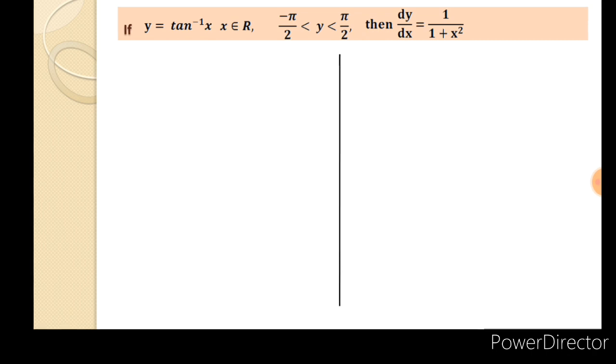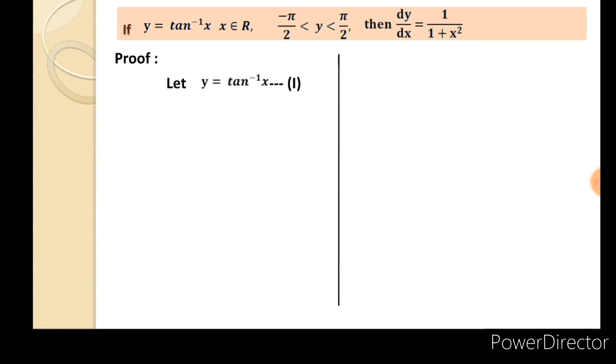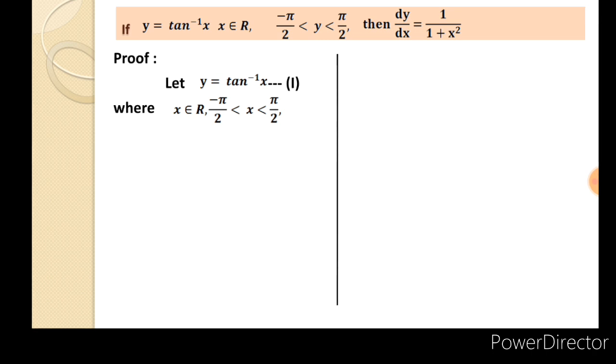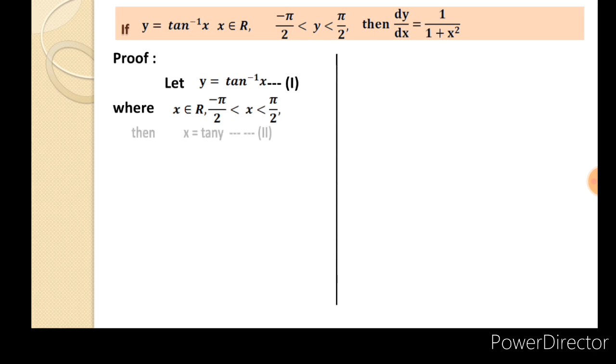The proof is very similar to the proof of the previous two, that is the derivative of sin inverse x and cos inverse x. So we consider the given function y is equal to tan inverse x with the condition x belongs to R, the set of real numbers, minus infinity to plus infinity, but y should be, there is one printing mistake again, y should be in between minus pi by 2 to plus pi by 2.